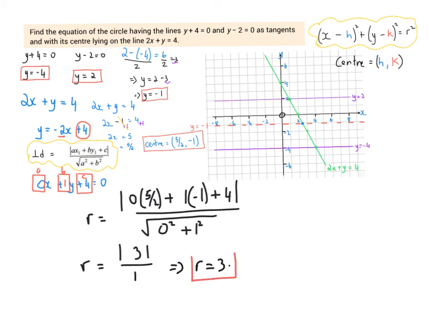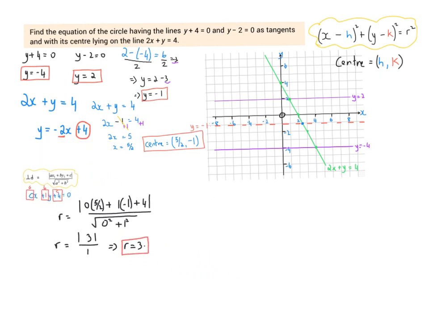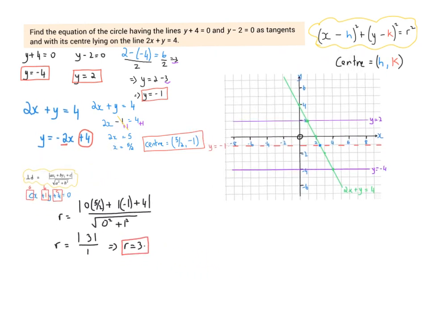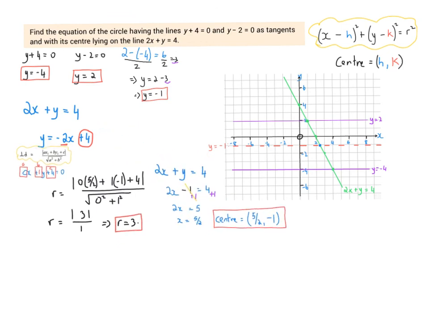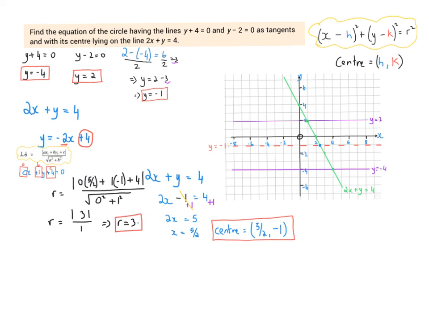Okay, and so that's the last bit of information that we need to substitute into our equation of the circle formula. So just finishing off here, if we bring back down our centre, and we label that, of course, h and k for the x and the y value.